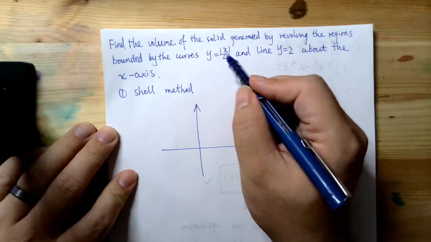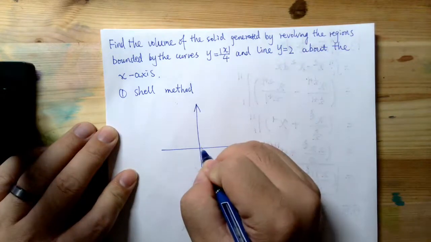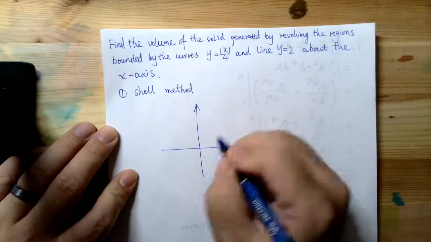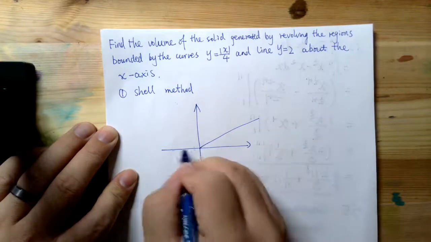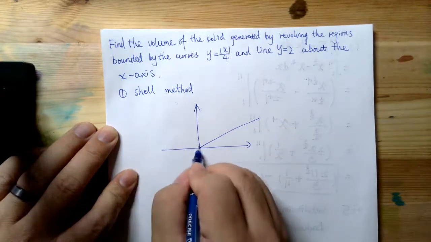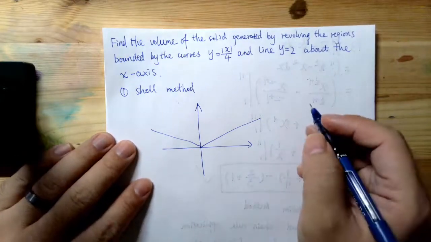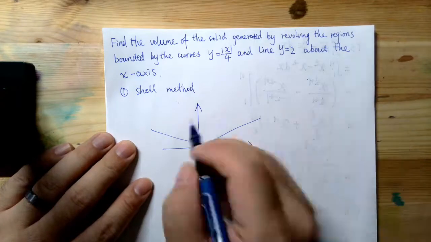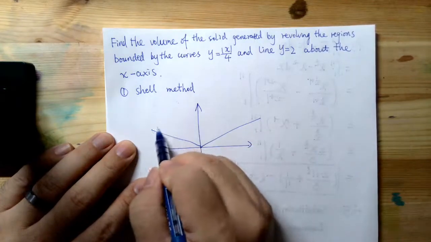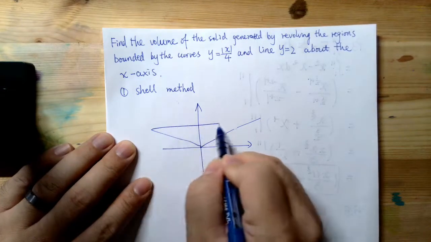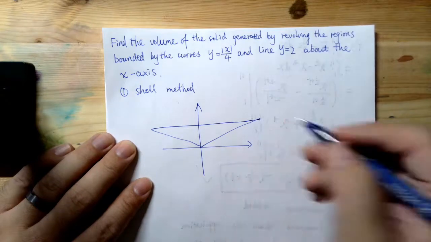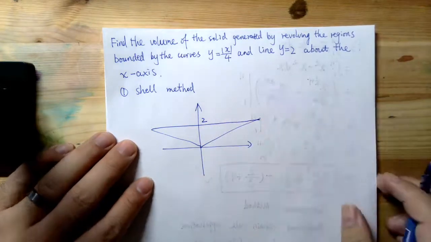And the absolute value of x over 4 is kind of like a more flat V shape, something like this, okay? And y equals 2, which could be something here, okay? So this is 2.